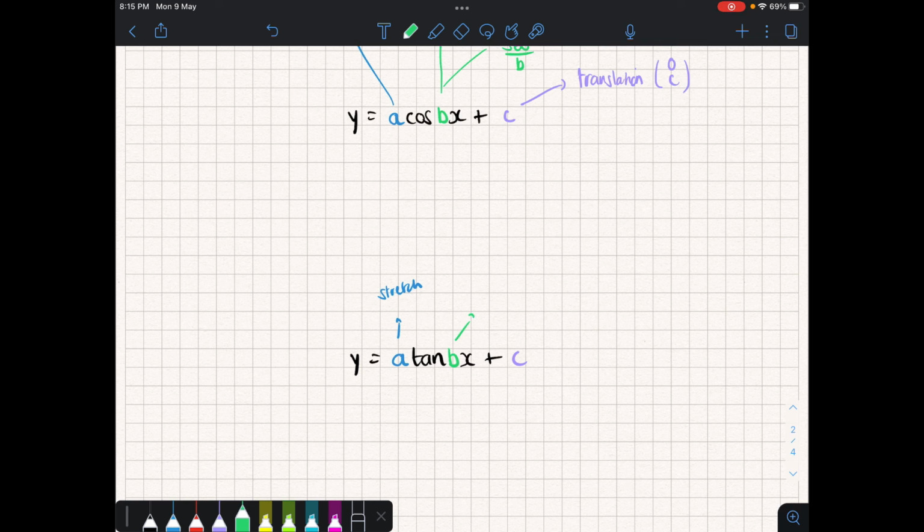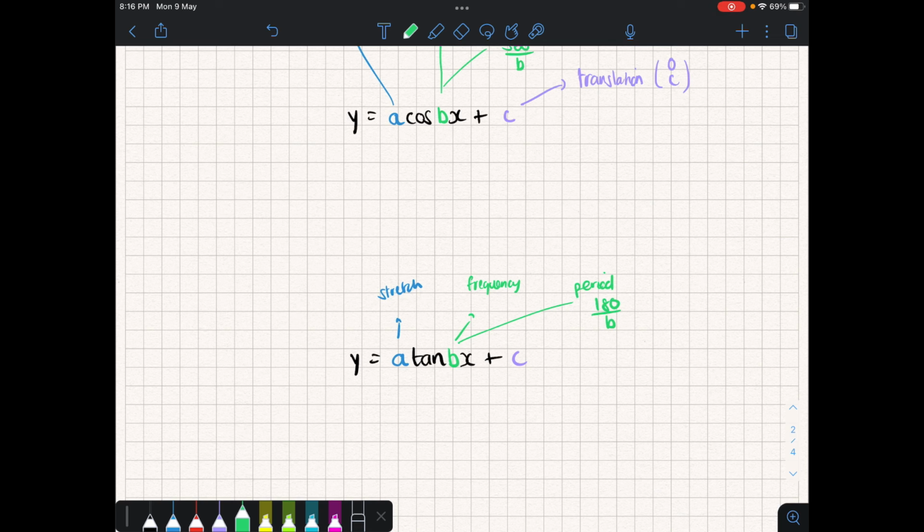However, we can still determine the frequency of tan, so how many copies of the tan graph based on what it normally is. Alternatively, it tells us the period, but we must remember that the period of tan is actually only 180 degrees, and if we divide that by B, it'll tell us the new period.